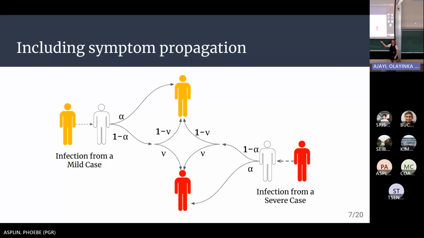So you just have a probability nu of having severe disease. The idea of this model is that it's very simple, which means obviously it's making a lot of assumptions, but that means that it can be applied to a lot of different types of models. I'm only looking at SEIR ODE compartmental models, but you could very easily put this in a stochastic model, a network model, like a household model, whatever.